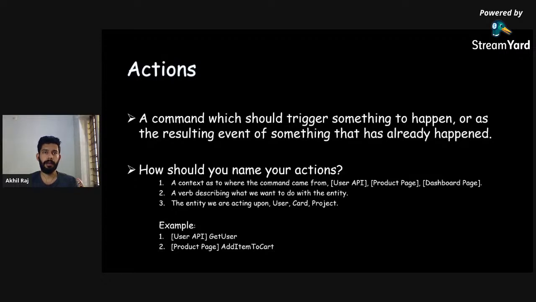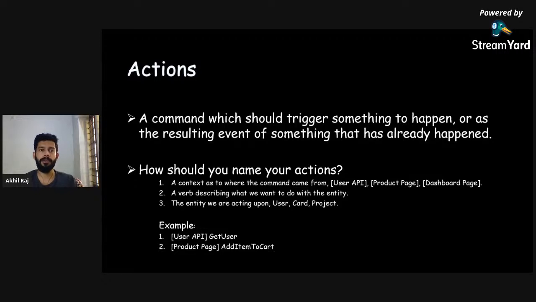So the entity is like a user, card, project. I've already shared an example, like user API get user. Here, user API is where the command came from, get is the verb describing what we want to do with the entity, and user is the entity we are acting upon.